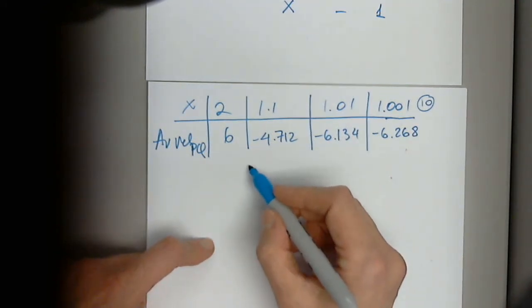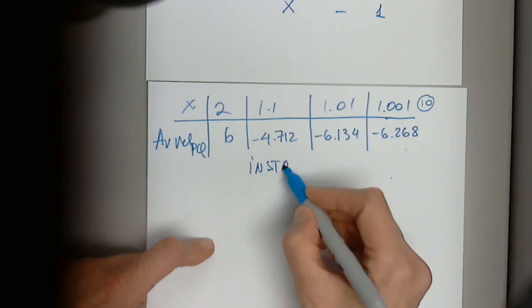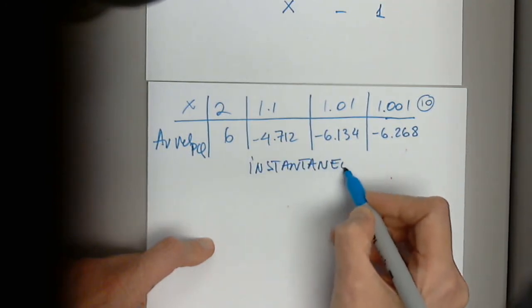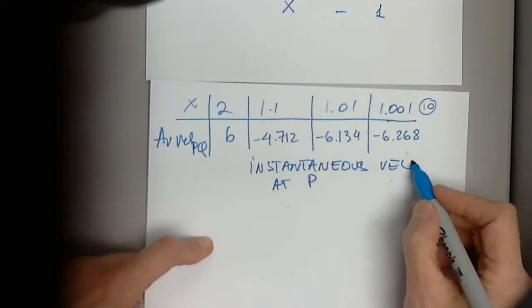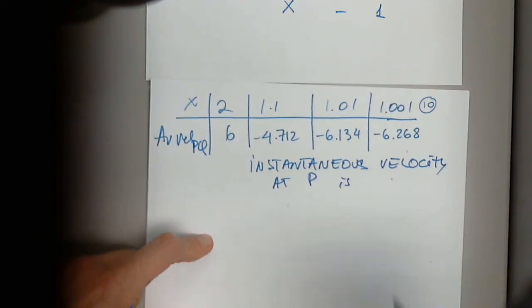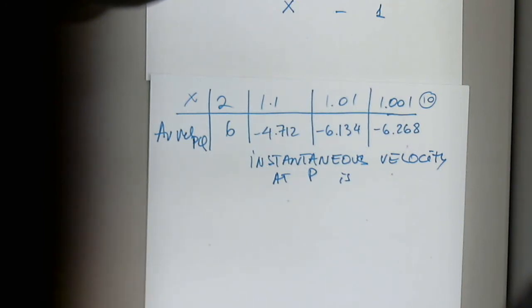And then we concluded that the instantaneous velocity at P is, what did we say? Negative 6.283. Very good.